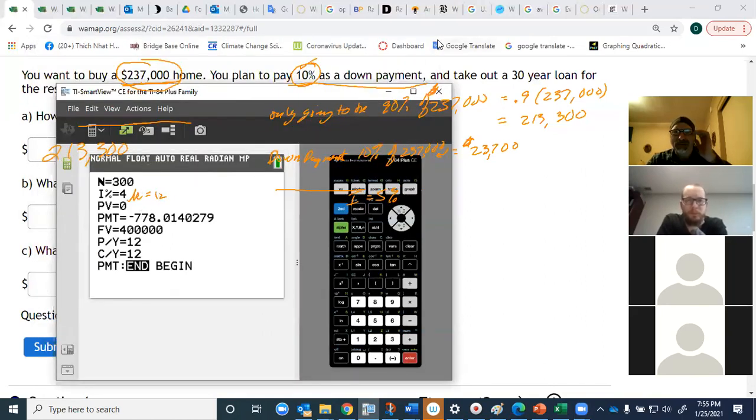Now N, recall, is K times T. In this case, it's going to be 12 times 30 because it's a 30-year mortgage. Pretty common, 12 times 30. And the interest rate it said was 5%. Now the present value is the what? What's the present value on this?